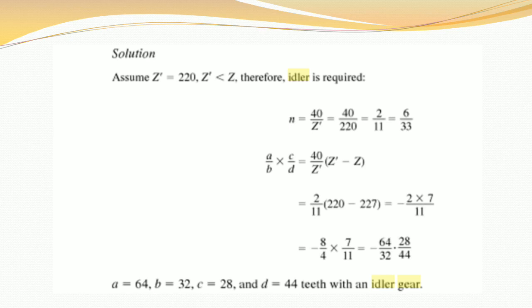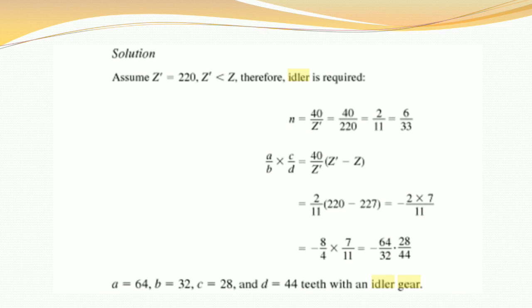Then a by b multiply c by d is equal to 40 by z prime multiply z prime minus z. That means 2 by 11, because we know that 40 divided by z prime is equal to 2 by 11. So we can write this here, and z prime is equal to 220 minus z, and z is equal to 227.